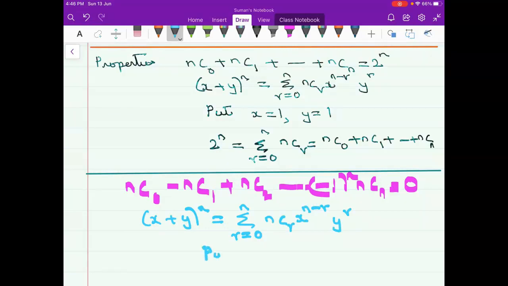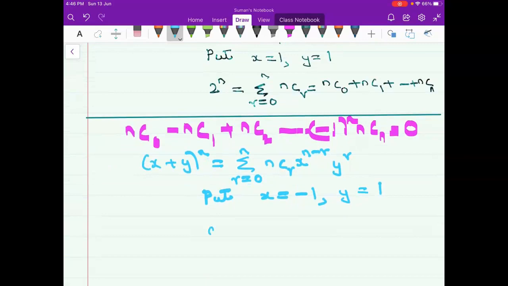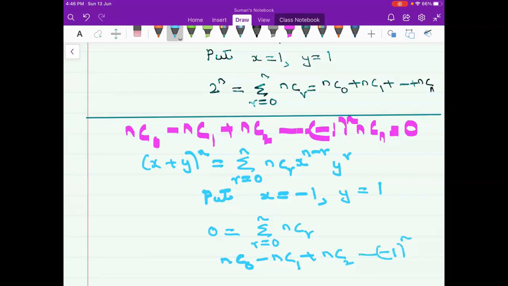So put x as minus 1 and y as 1. So that would give you 0 equal to summation r taking value 0 to n NCr, with a minus 1 raised to n minus r here.